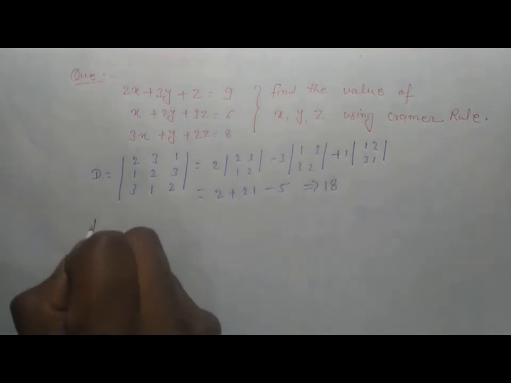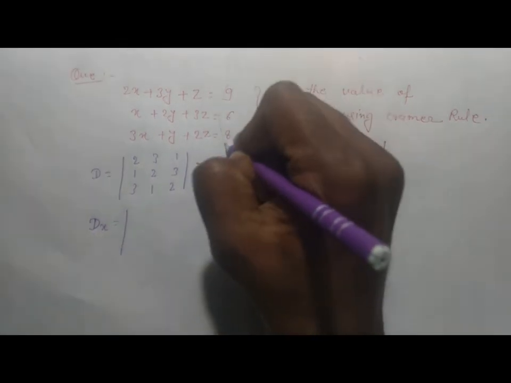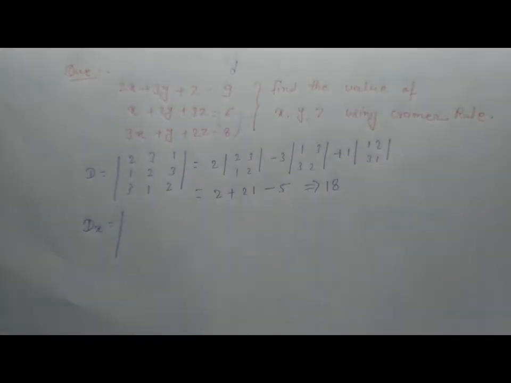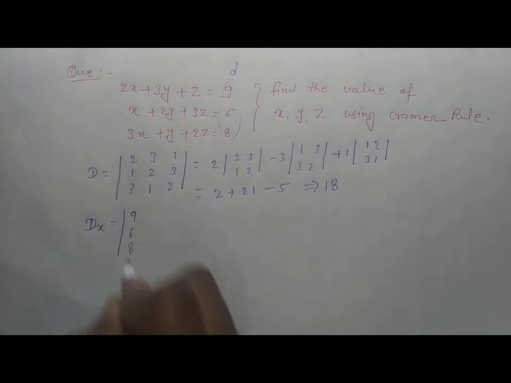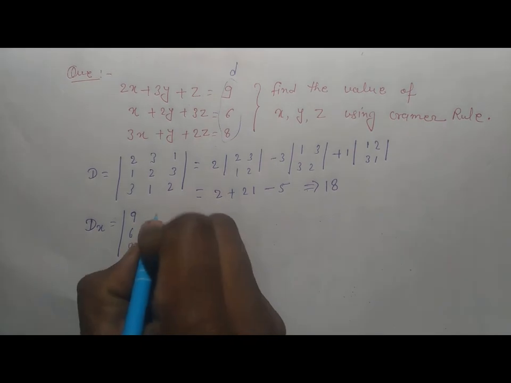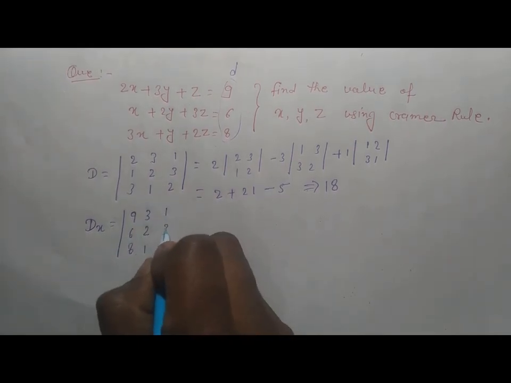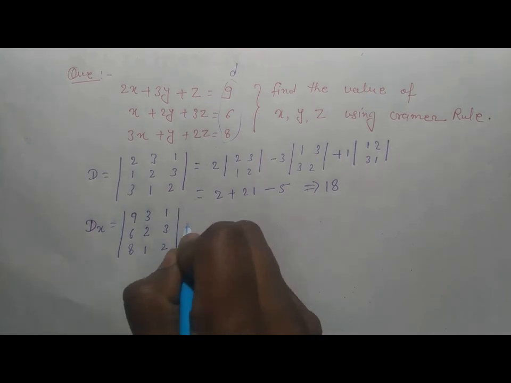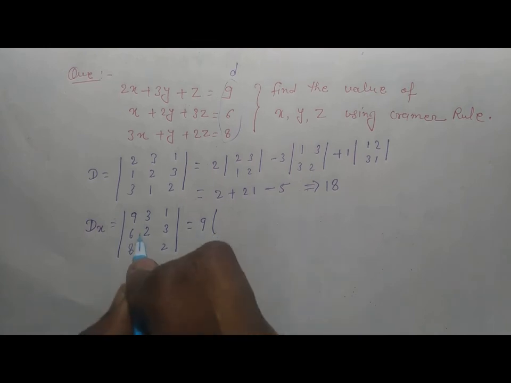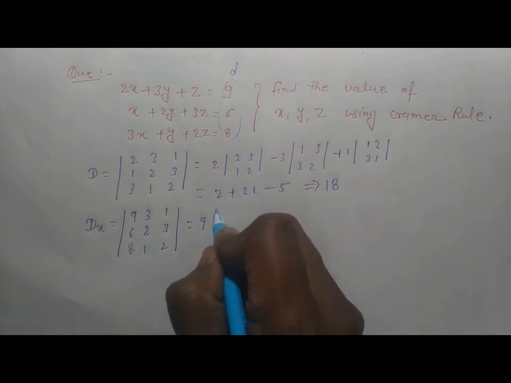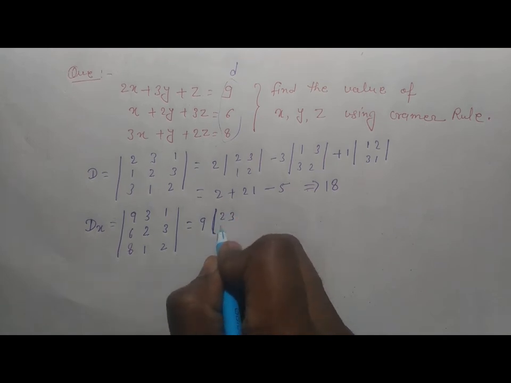Then find the value of dx. Here the x coefficients are simply replaced by the constant terms, with the other coefficients of y and z in the same place. So the constant terms are 9, 6, 8, the coefficients of y are 3, 2, 1 and the coefficients of z are 1, 3, 2. Then using the determinant method, take the first element, eliminate the first row and first column and write down the remaining elements, 2, 3 and 1, 2.